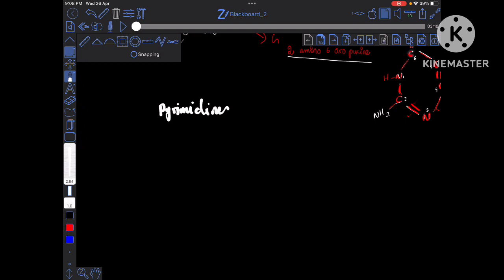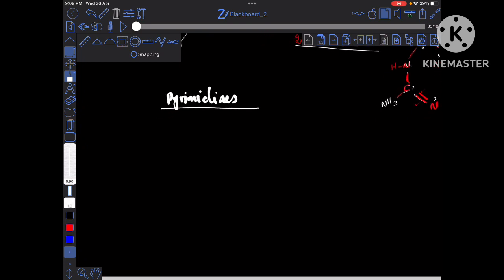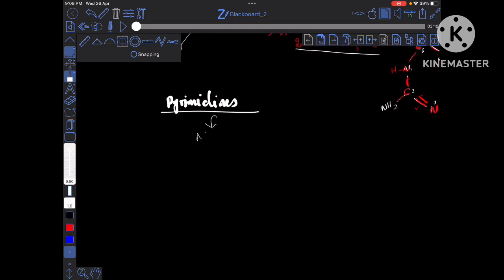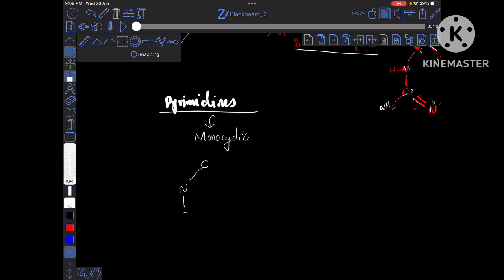Pyrimidines. So start drawing. It is monocyclic. The general structure of pyrimidine is a hexagonal ring: carbon, nitrogen, carbon, nitrogen.